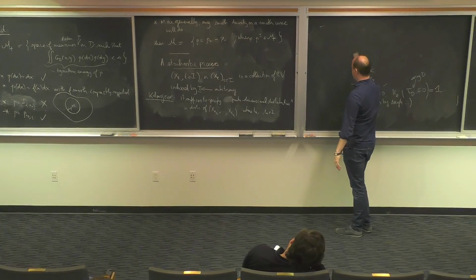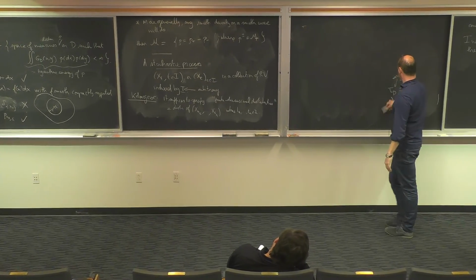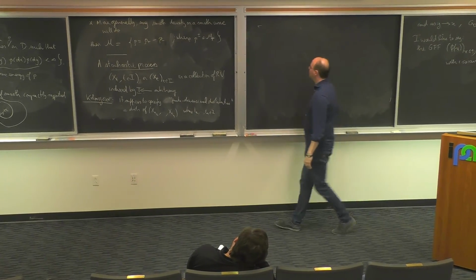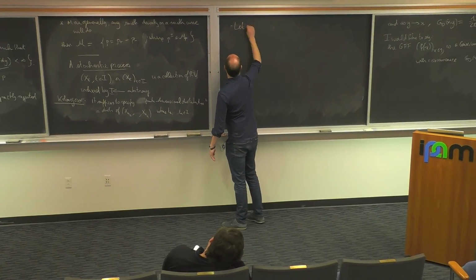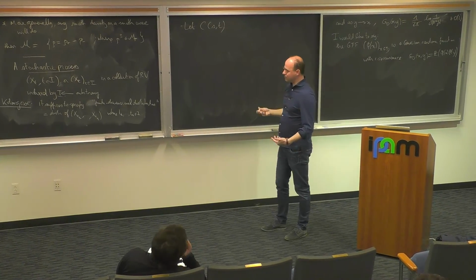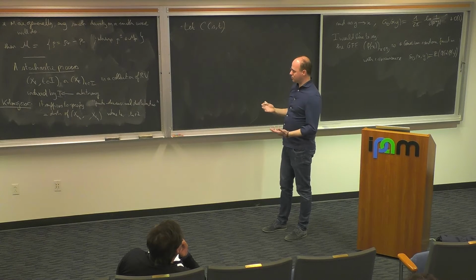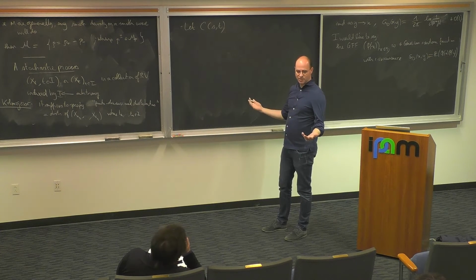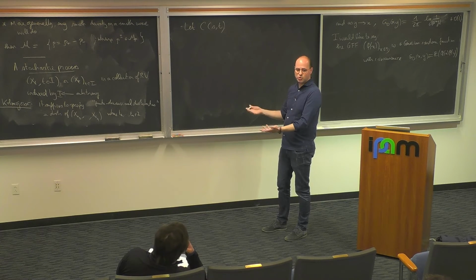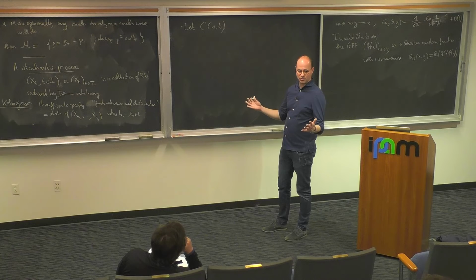In our case, we will have a Gaussian stochastic process. These finite dimensional distributions will be specified by telling you that they are jointly Gaussian, and so I need to specify the covariance matrix. As soon as I do that, they are automatically consistent with one another.